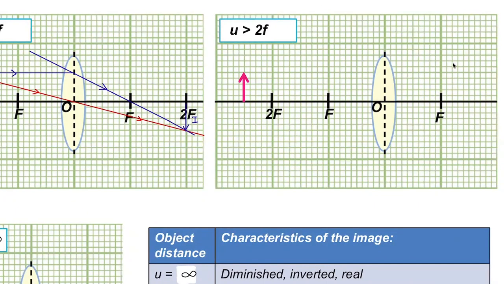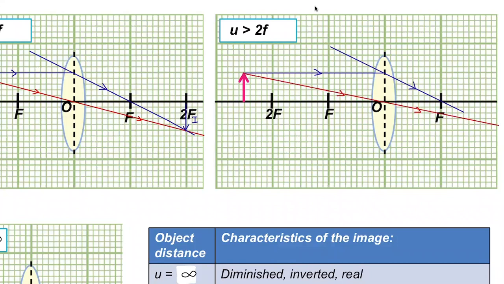Again, I will be using the second rule first, from the top of the object, and then it will be refracted to F. The second one is from the top of the object and then straight to the optical center.